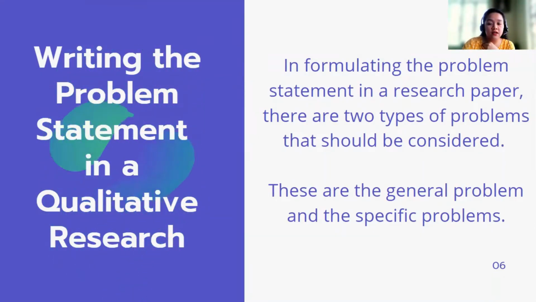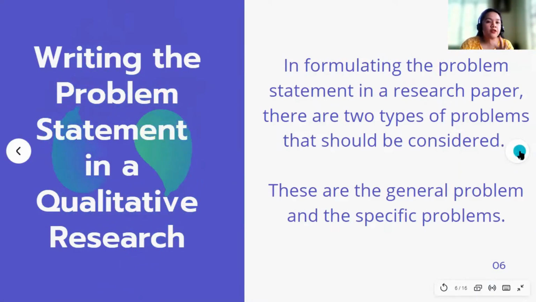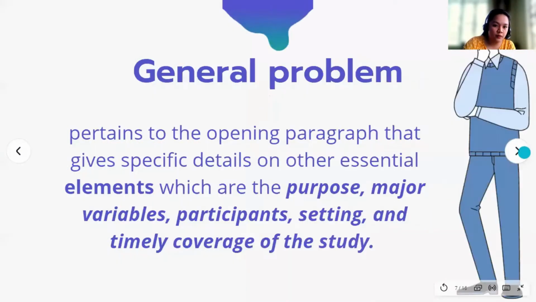These are the general problem and the specific problems. So, your research paper or your research problem is your research topic, diba? So, you have a specific problem and general problem. From those problems, you will come up with your research question. Paano ba? But first, let us know what is general problem.